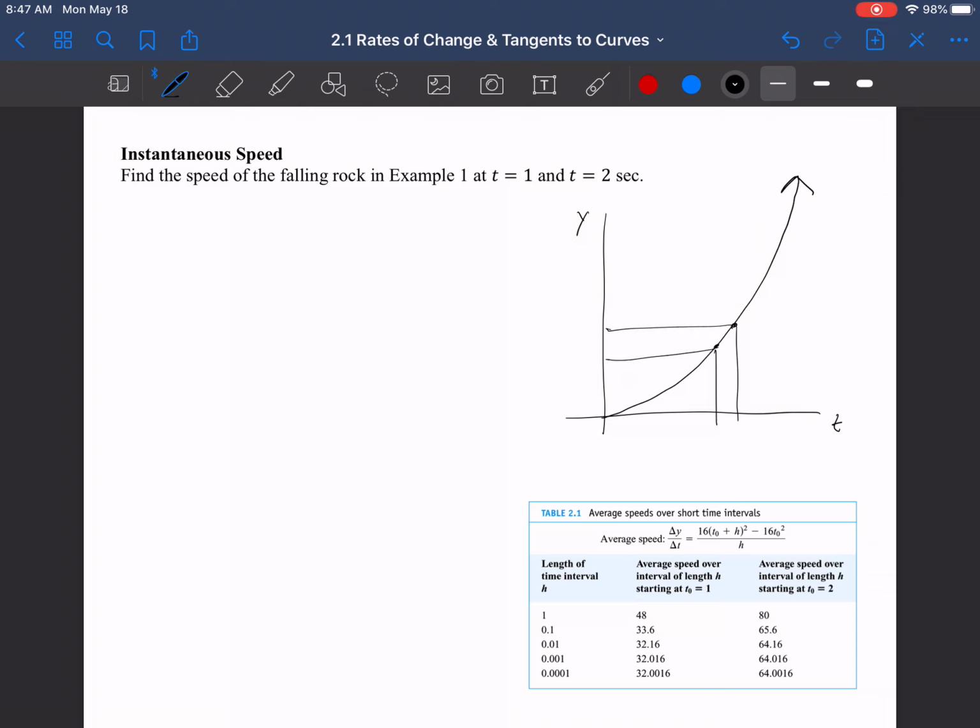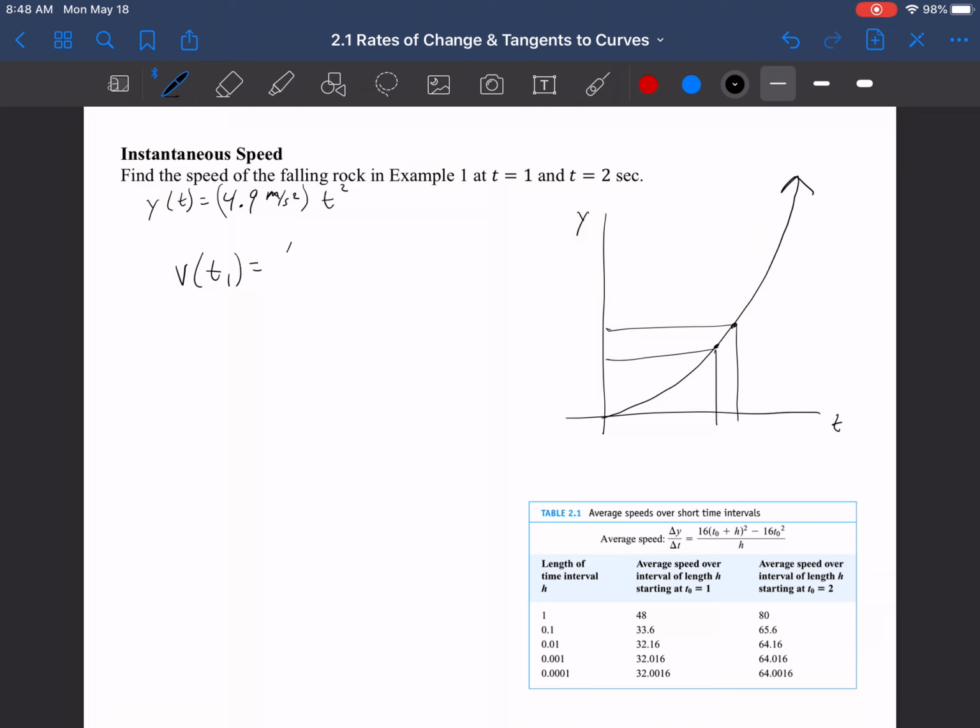Okay, and so we're going to do that by starting with, again, our y of t equals 4.9 meters per second squared times t squared. And we want to look at the velocity at t1.